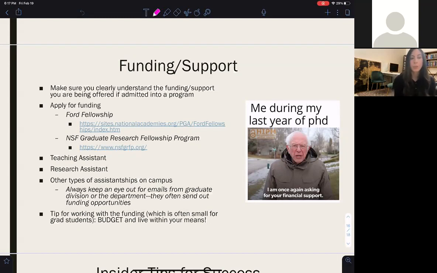So you're really going to have to budget and live within your means if you want to go through this process. There is a little bit of this to where you might be offered funding for 3 years. And if you stay for a 4th or a 5th, you're going to have to just hope for the best and wing it a little bit. But usually from what I've seen, your advisor will help you throughout that process and you'll be able to figure it out. Okay.